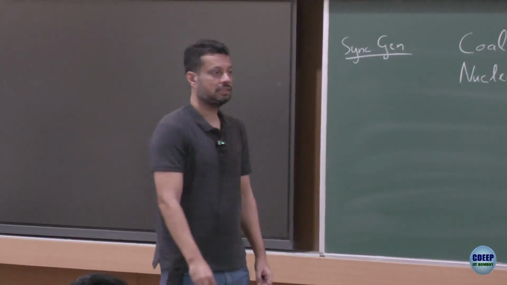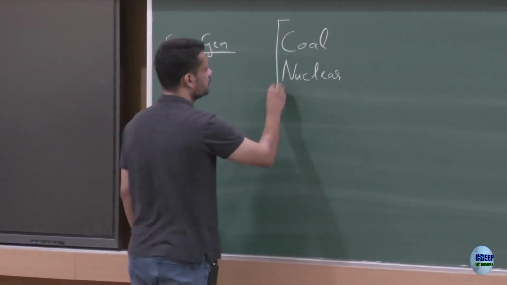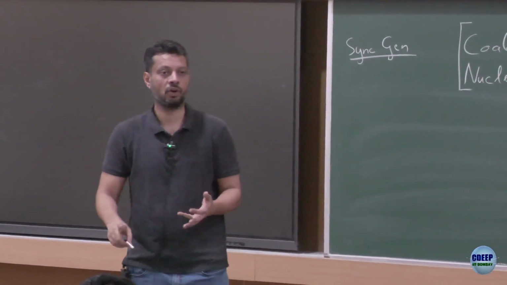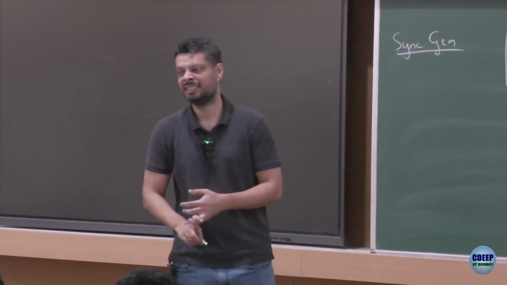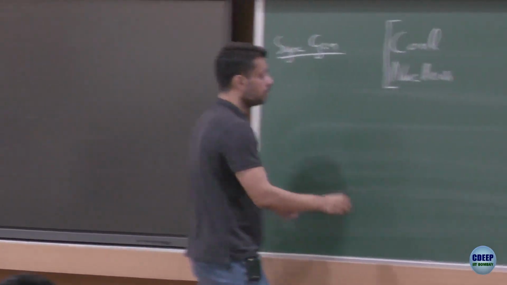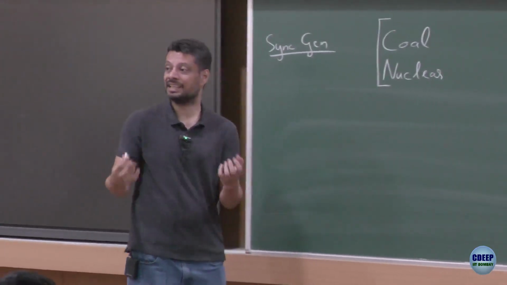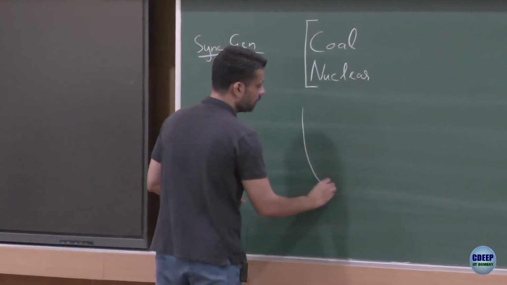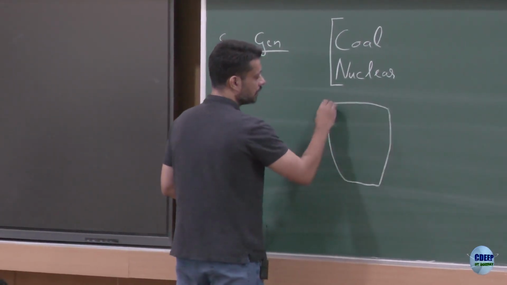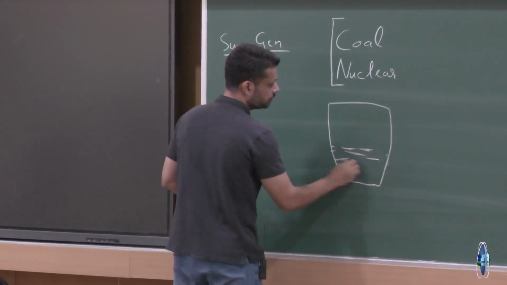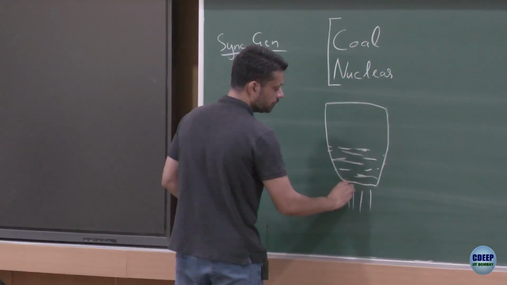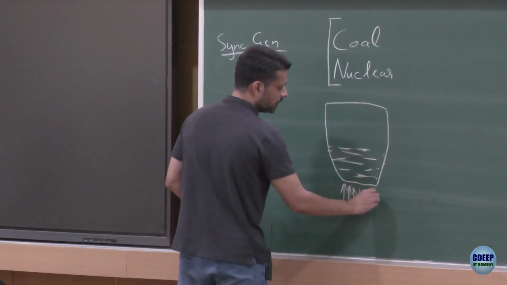In both the technologies, what you do is you create heat, either through nuclear reaction or by burning coal, and then you use that heat to convert it into some form of pressure. So, what it means is if you have a boiler filled with water, and now if you heat it up, then what will happen?